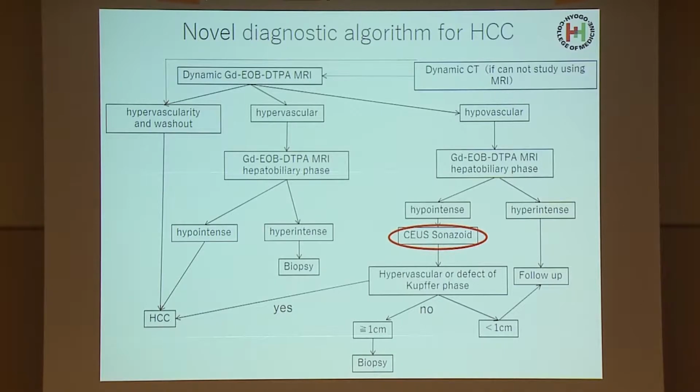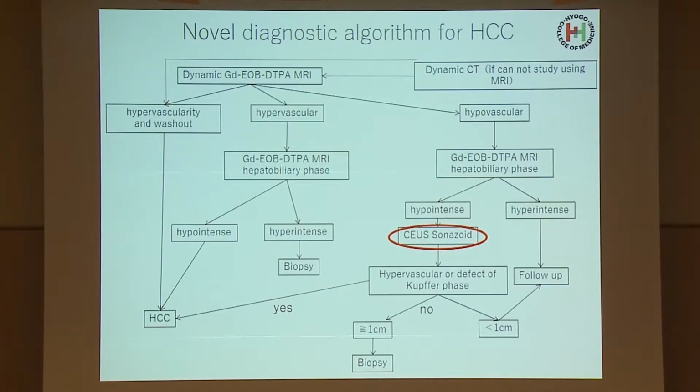So they chose not CT, but dynamic MRI as the first procedure for tumor evaluation. The procedures afterwards follow the same way as in the previous algorithm for hypervascular cases. But for hypovascular cases, the next procedure is evaluation using EOB MRI of the hepatobiliary phase. And if the signal is hypointense, Sonazoid-enhanced ultrasonography is recommended.